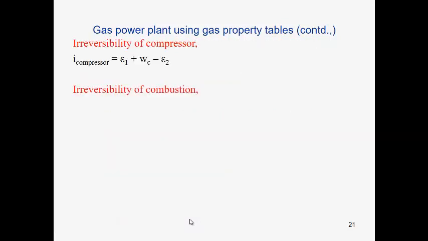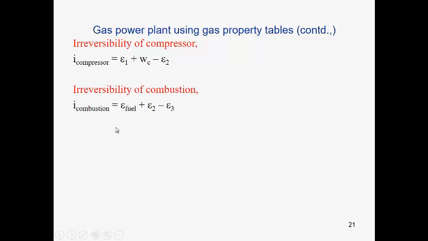So the irreversibility of each and every component can be determined by the exergy balance. The total exergy before compression is equal to the total exergy after compression plus the irreversibility of the compression process. So the irreversibility of the compression is equal to the total exergy at the inlet of the compressor, plus the work input to the compressor, minus the exergy at the exit of the compressor.